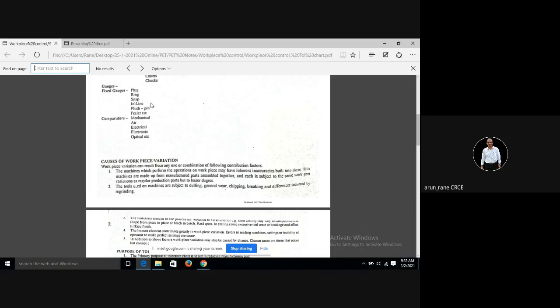So you have to set that reference size as 0, and with that reference it will give whatever the deviation is. So comparators can be mechanical comparators, pneumatic comparators, electrical comparators, electronic and optical, out of which mechanical and pneumatic comparators are most common.